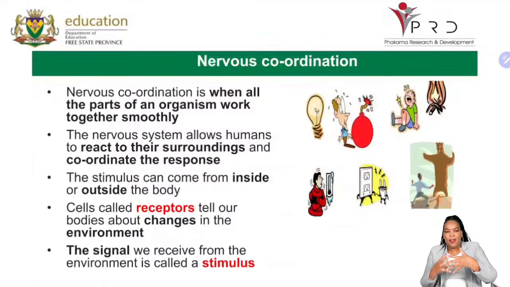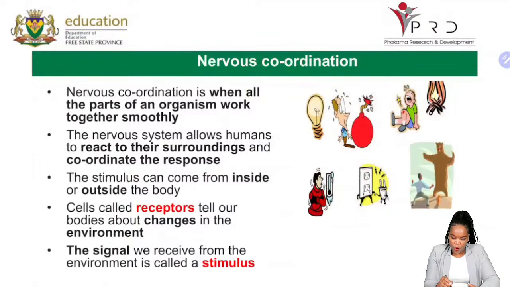Coordination. Everything needs to work together. They need to receive the impulses or the messages or electrical messages. Then the body must respond accordingly or in a way that is suited for whatever stimulus or whatever environment is putting the body under pressure.